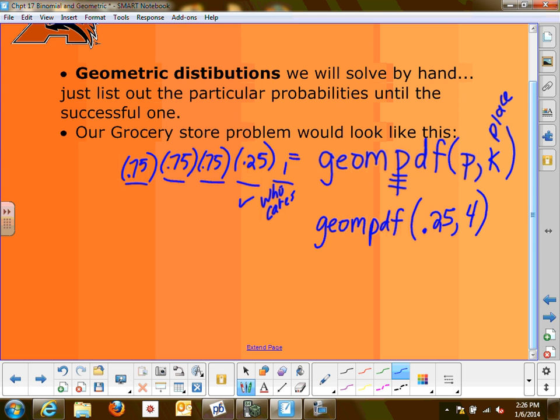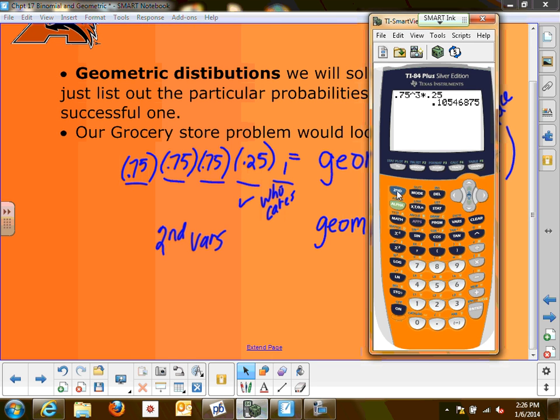So here's where that's located. It is in 2nd vars, and then it's a long list. I would actually go up to the bottom of the list. Instead of going all the way down to the very bottom, if you press up, you actually get to the bottom of the list and work your way up. And look there, there's geometric PDF and geometric CDF.